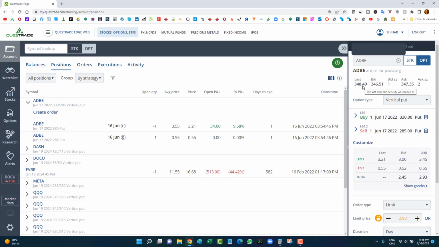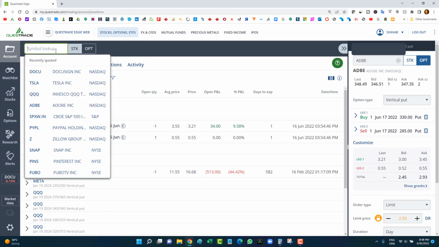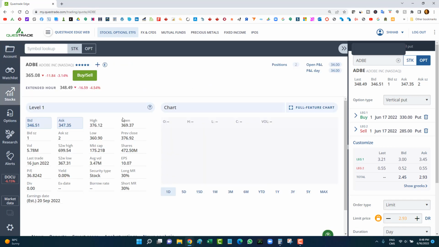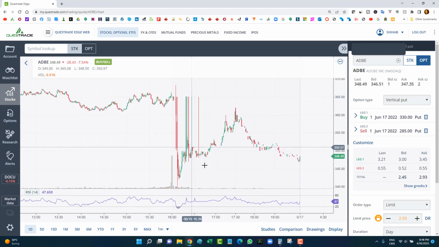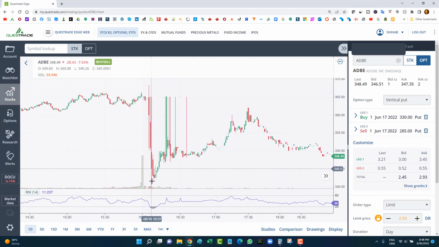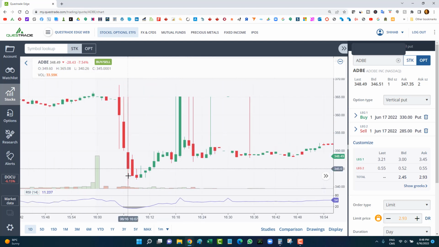Sometimes after hours, it trades at a price, and then pre-market, it trades at a completely different price. Let's look at the after hours of Adobe exactly on the chart. Let's see what happened here, to be specific. You can see here that big red candle. The lowest point after hours was 340, so about 10 points away from my short strike.